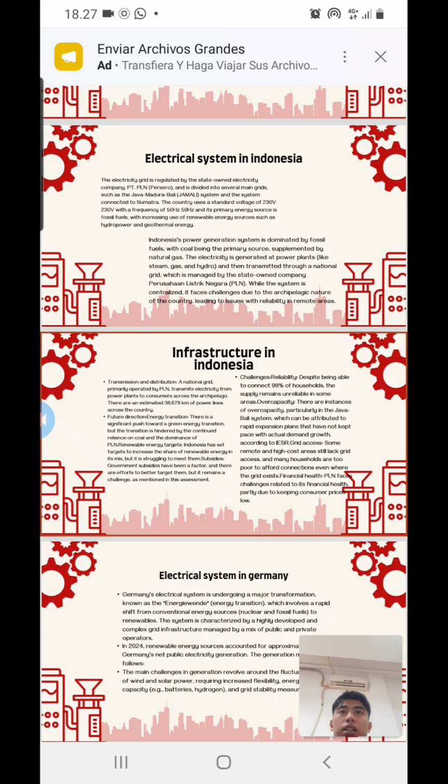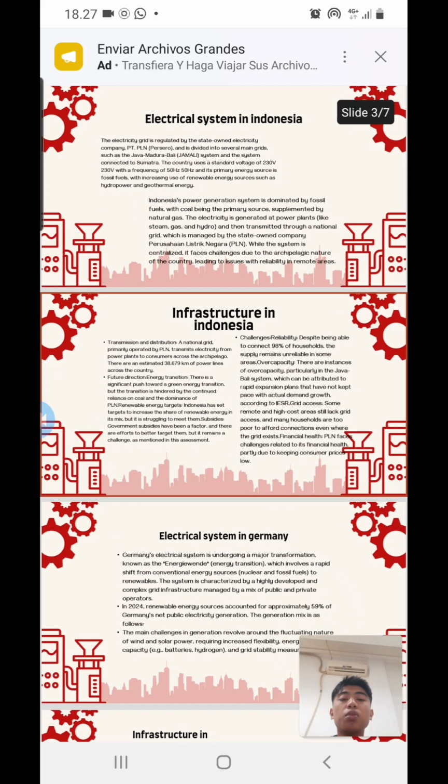With the increasing use of renewable energy sources such as hydropower and geothermal energy, Indonesia's power generation system is still dominated by fossil fuels, with coal being the primary source, supplemented by natural gas.